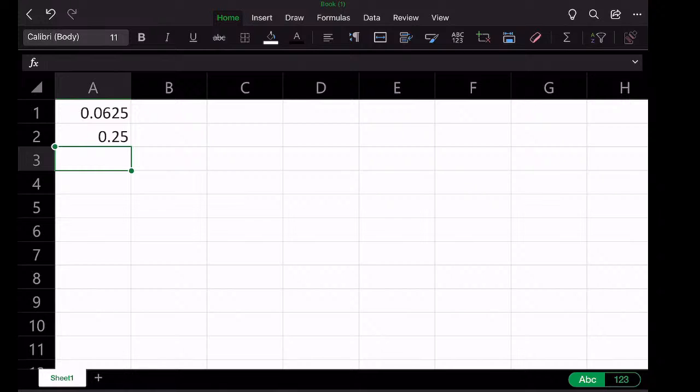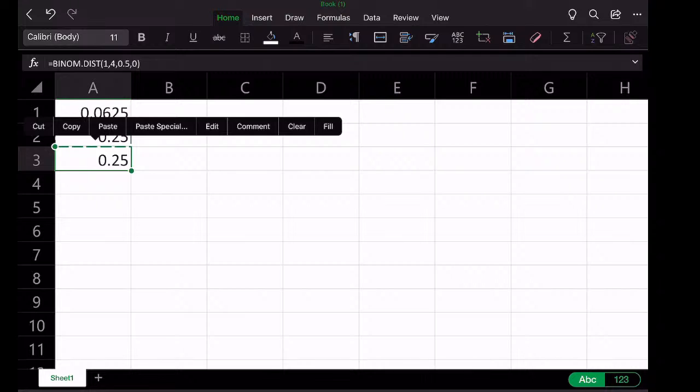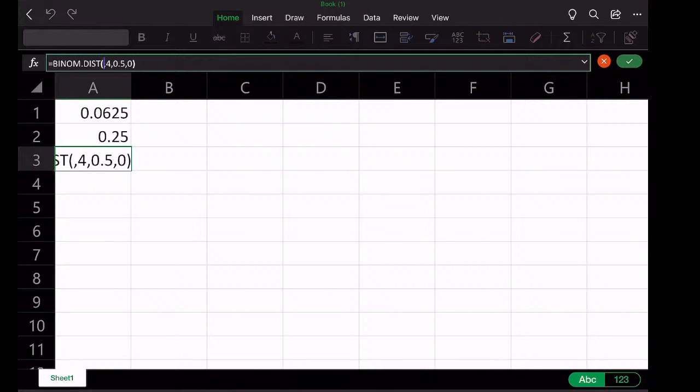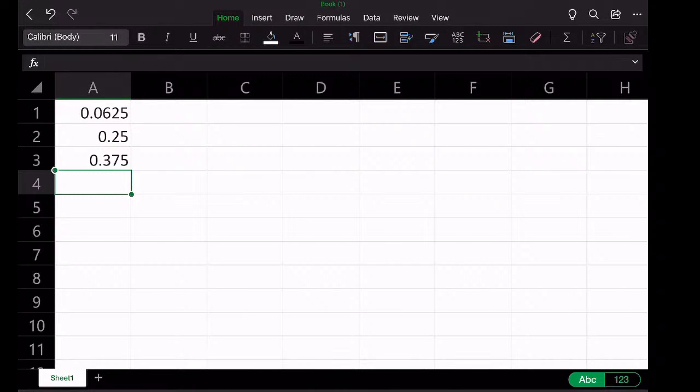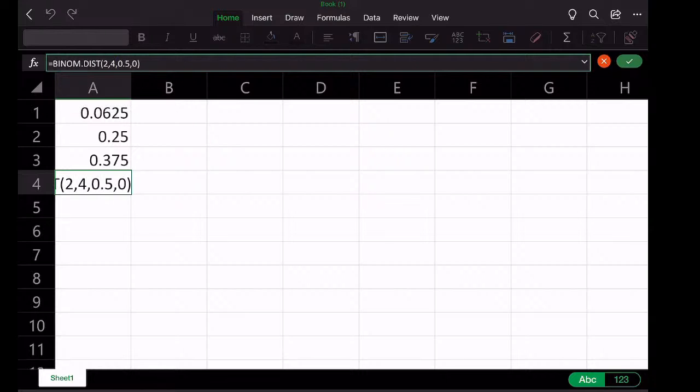And the next one, let's see, oops. Oh, why is it not working? Oh, I did it this way. Let's change this to 2. And then three successes in n tries.